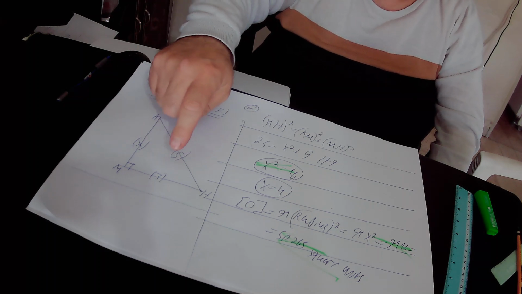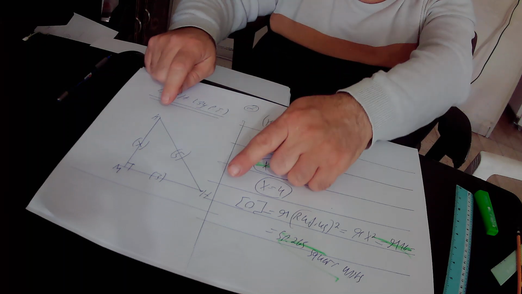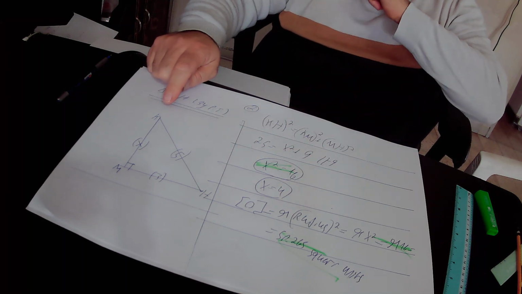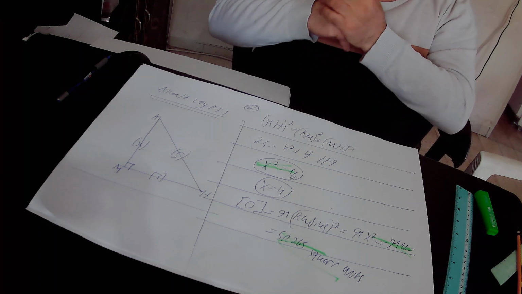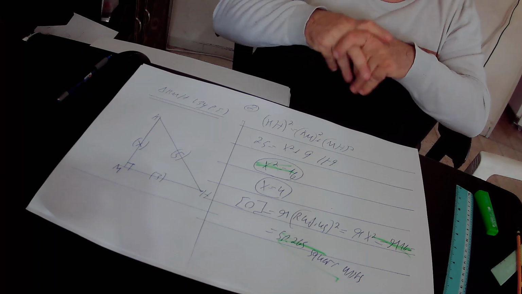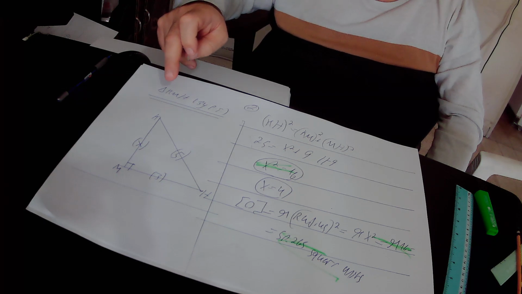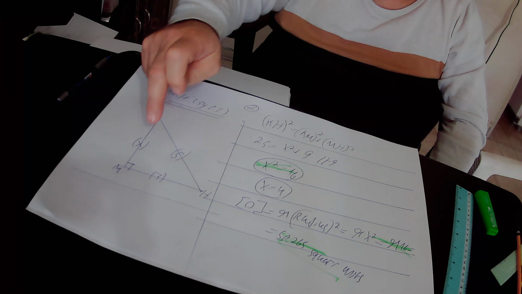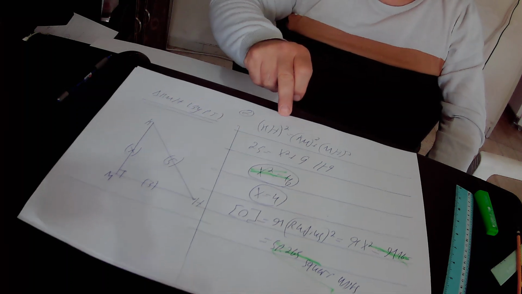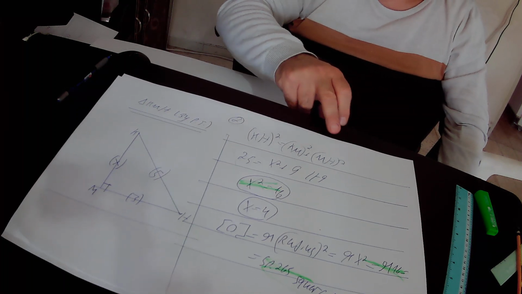Side MH equals 3 units, and the hypotenuse KH equals 5 units. According to the Pythagorean theorem, in any right triangle, the square of the hypotenuse equals the sum of the squares of the perpendicular sides. In this right triangle KMH, KH square equals KM square plus MH square.